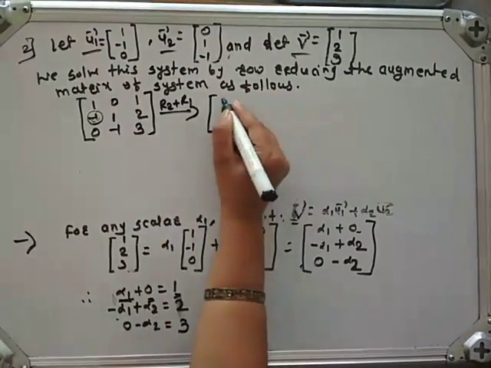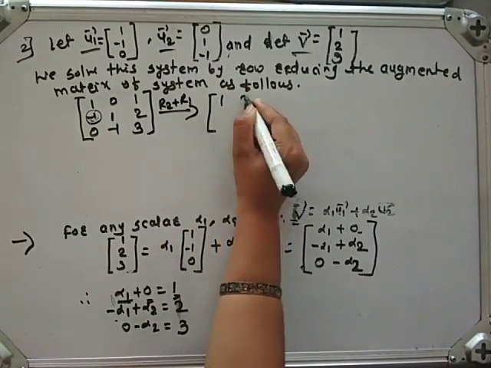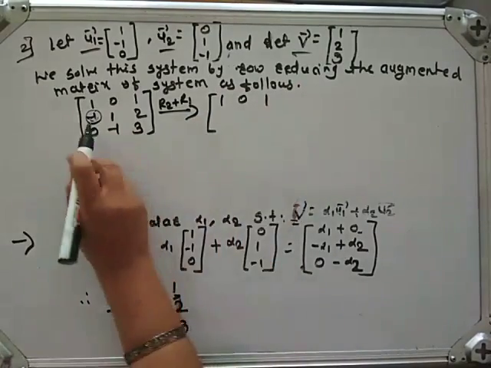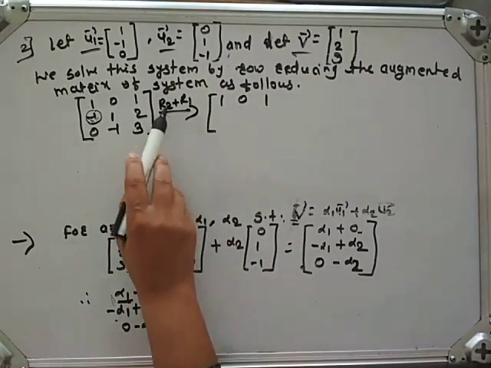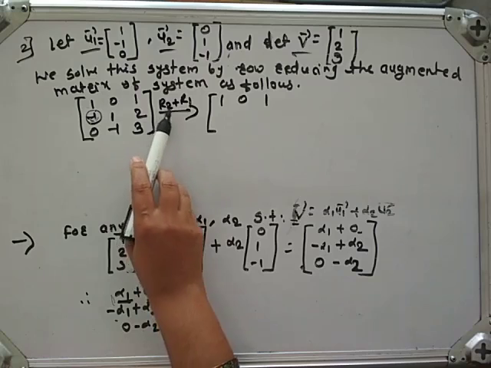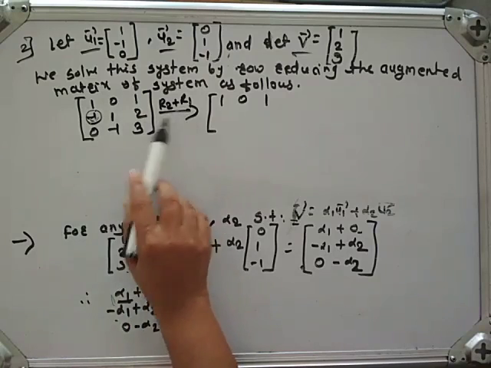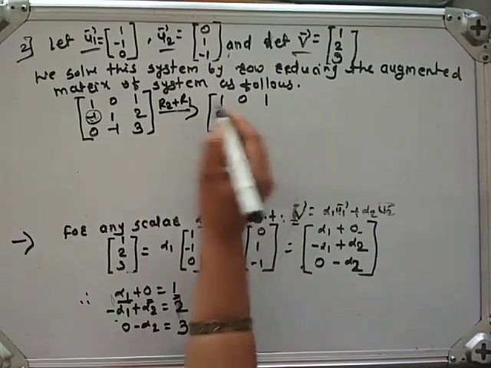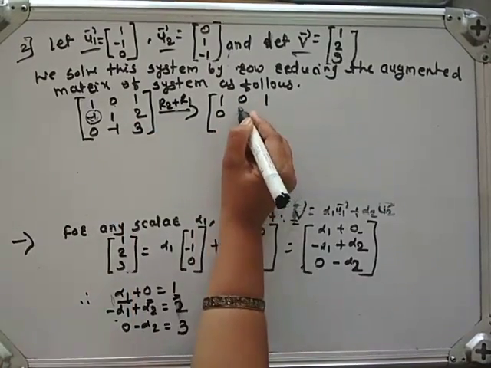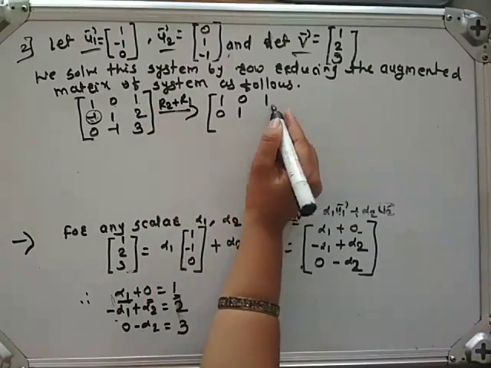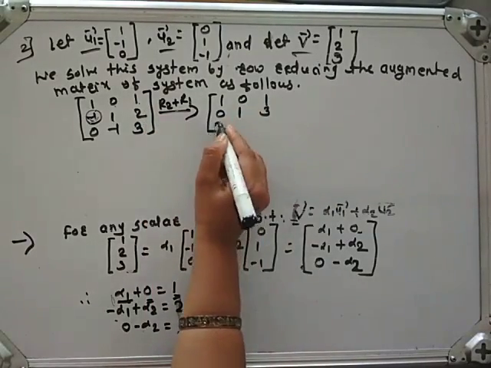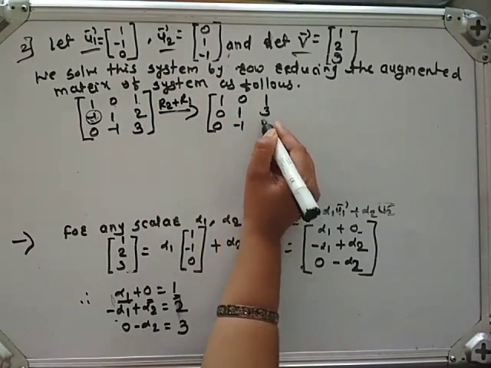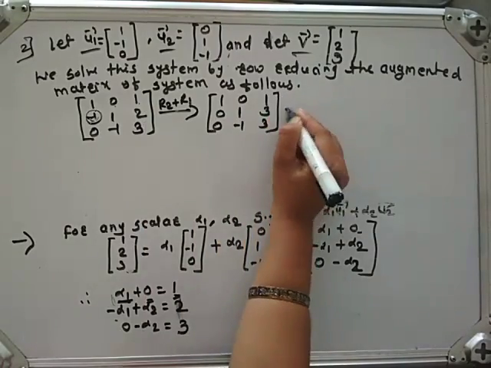First we keep the first row as it is, so we get 1, 0, 1. Next, R2 plus R1: 1 minus 1 is 0, 0 plus 1 is 1, 2 plus 1 is 3. The third row is 0, minus 1, 3.